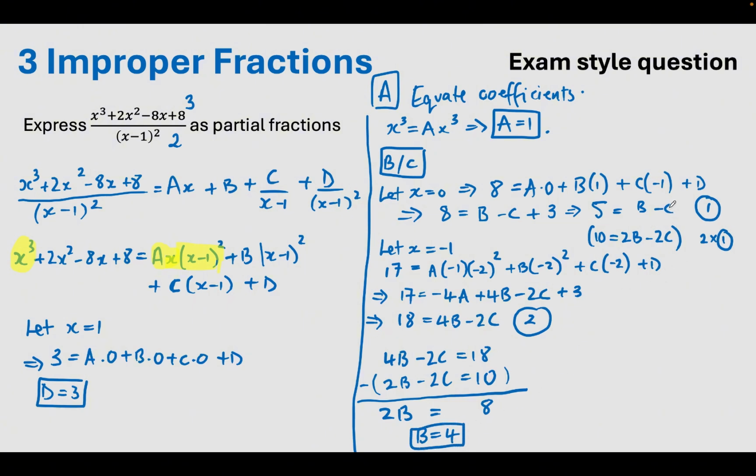Which then if I put into here, it tells me that C must be minus 1. And I'm running out of room, but that means that our final expression is x plus 4 minus 1 over x minus 1 plus 3 over x minus 1 squared.